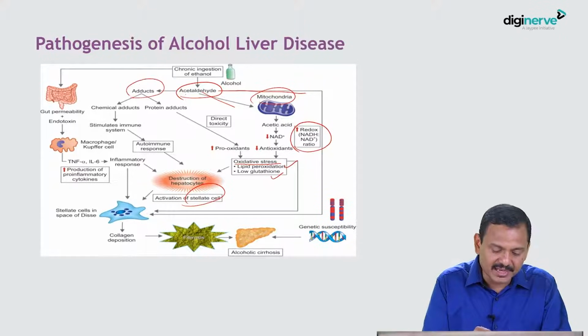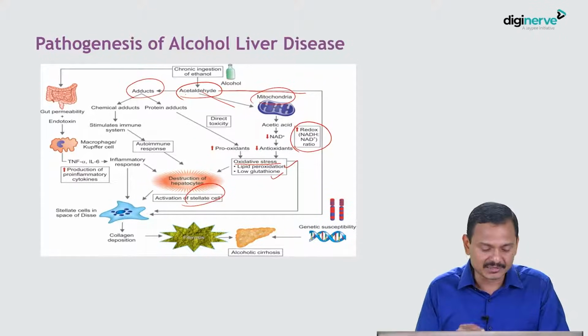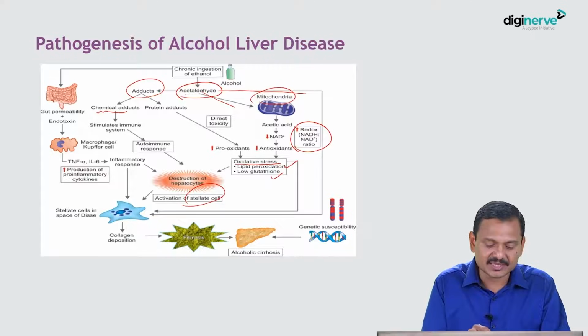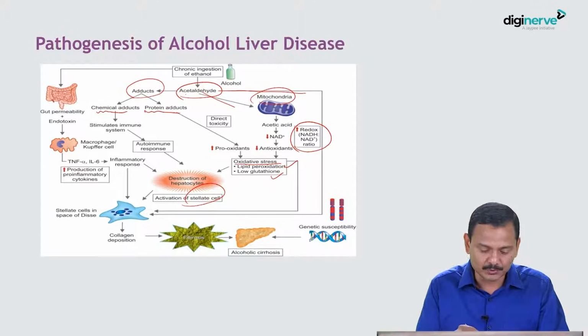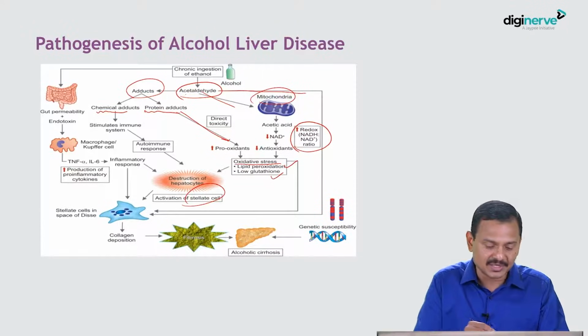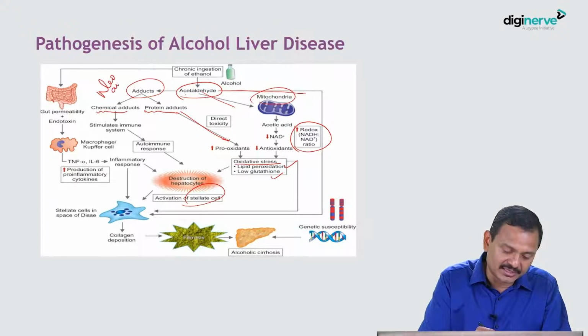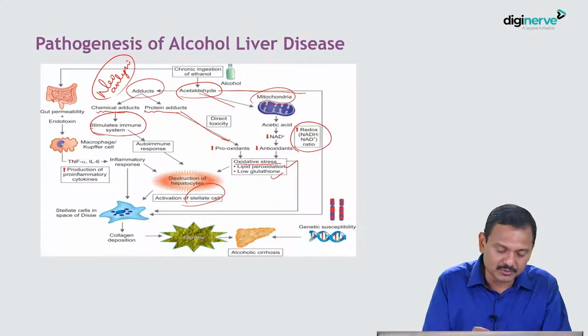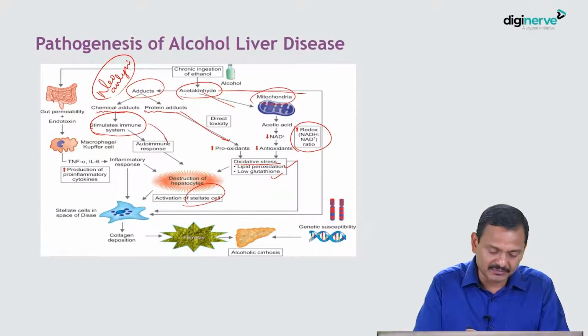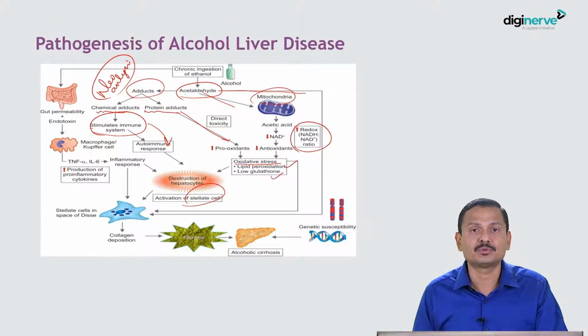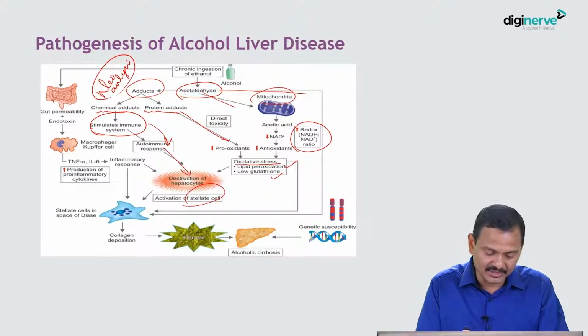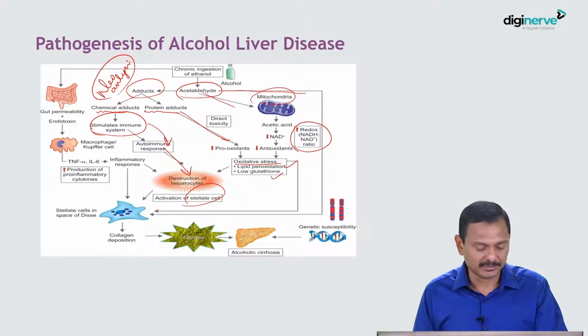The other way is acetaldehyde can form chemical adducts as well as protein adducts. So protein adducts are with the enzymes. With the chemical adducts, what happens is it causes neoantigens. Okay, these neoantigens will stimulate the immune system, and there will be inflammation just like in an autoimmune disease, and this will again cause destruction of hepatocytes.